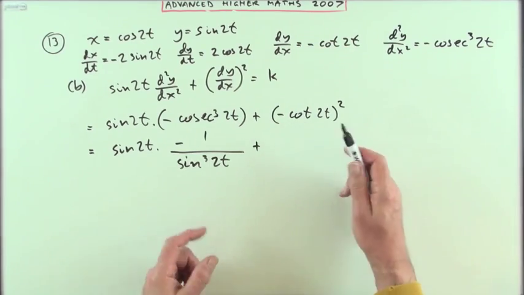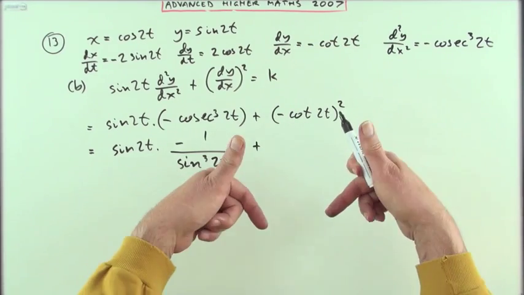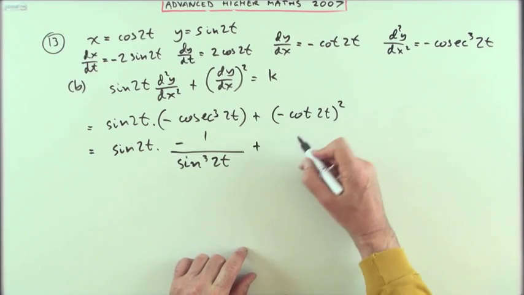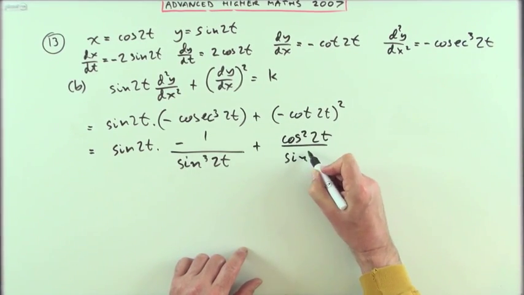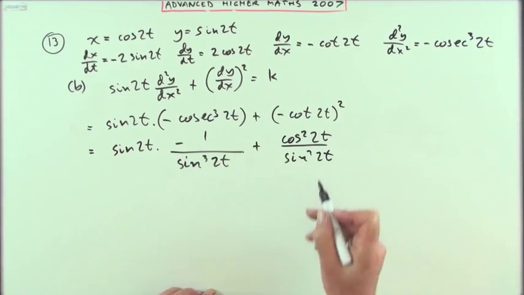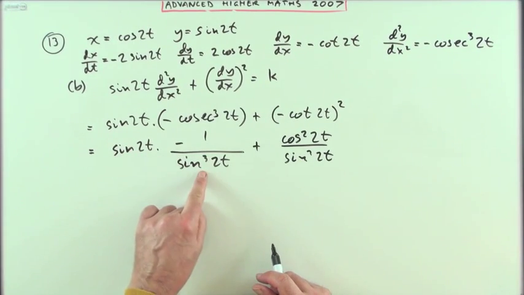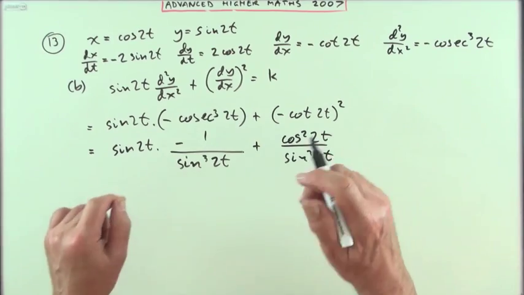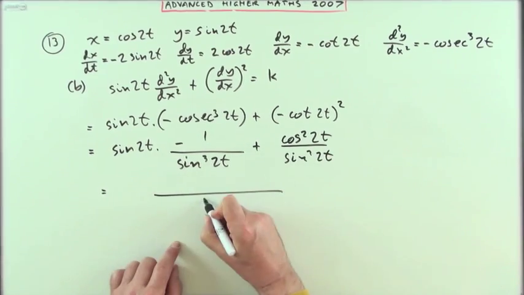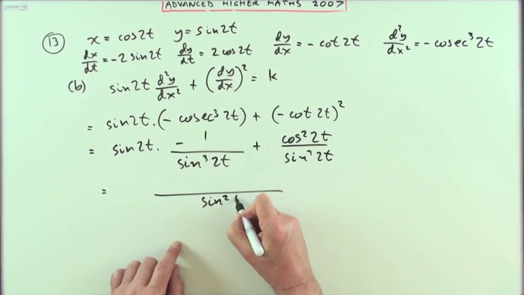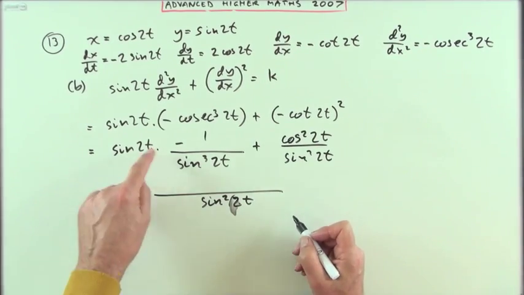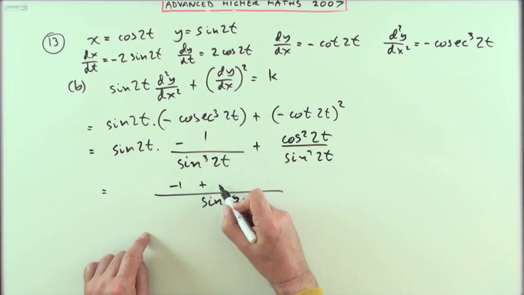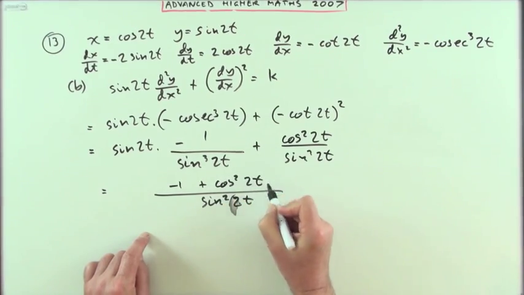Now cot is the reciprocal of tan, so instead of sine over cos, it's cos over sine, but it's squared, so it's cos squared 2t over sine squared 2t. Then realising that that sine will cancel out one of these underneath, they're both over sine squared 2t. So over sine squared 2t, I've got a negative 1 plus a cos squared 2t.